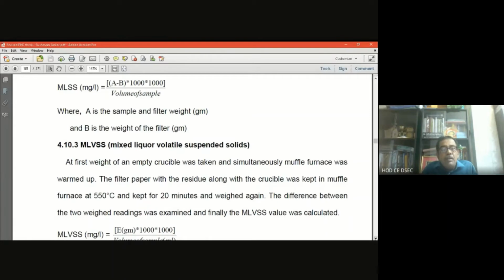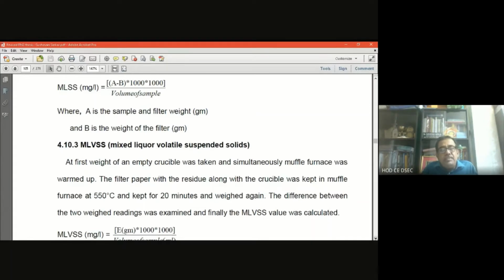If MLSS is not present, then the biological reactor will not function properly, because the presence of bacteria, the biomass, is very much required in the biological reactor for biological treatment.